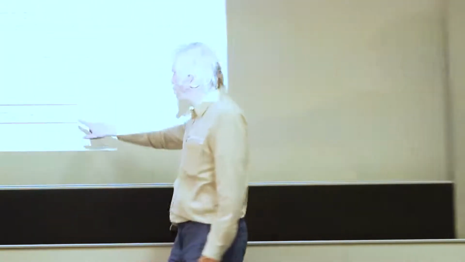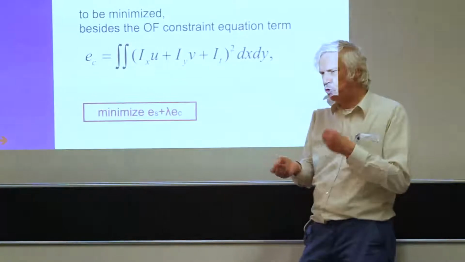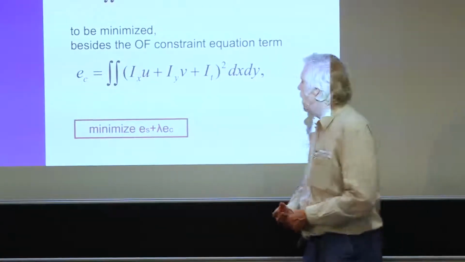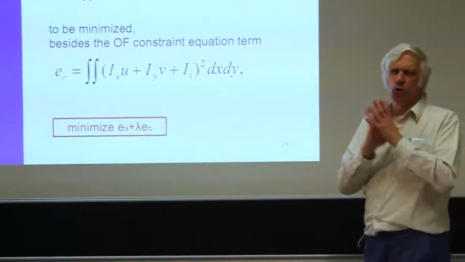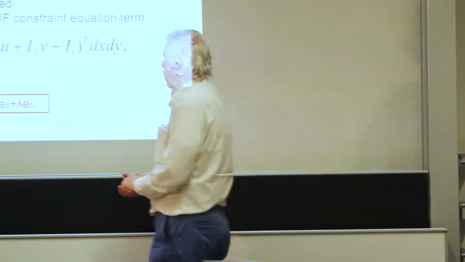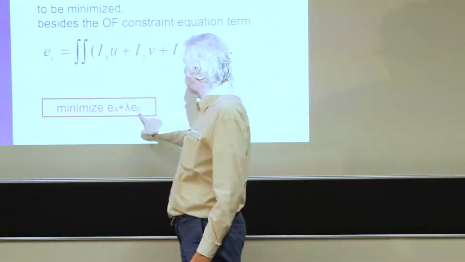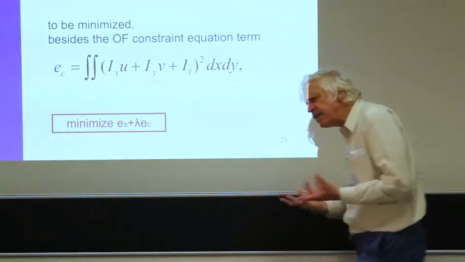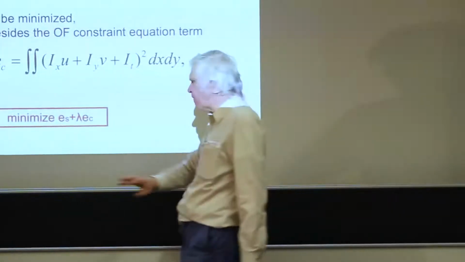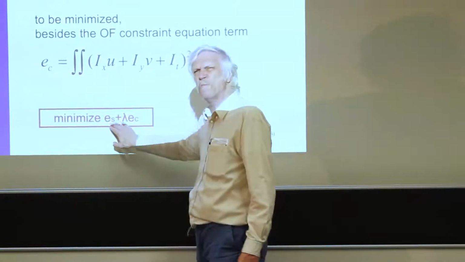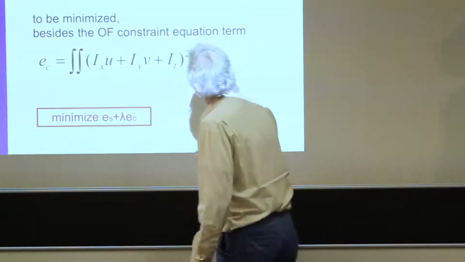Now note that this lambda, of course, is kind of an engineering factor, and you have to develop a feeling for where to put it. It depends on your data. If the data are almost noise-free, very pure data, you can put a lot of emphasis on EC, so lambda can go high. But if you have extremely noisy data, you may want to have lambda rather low and bring more smoothing through the smoothing constraint.